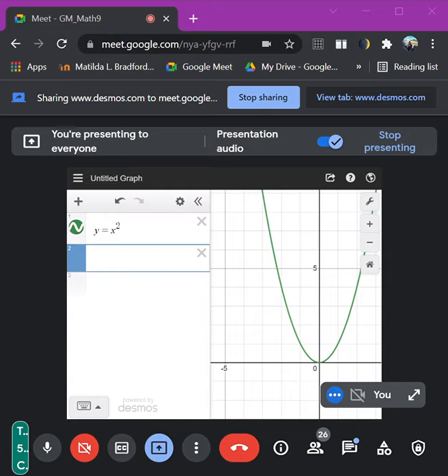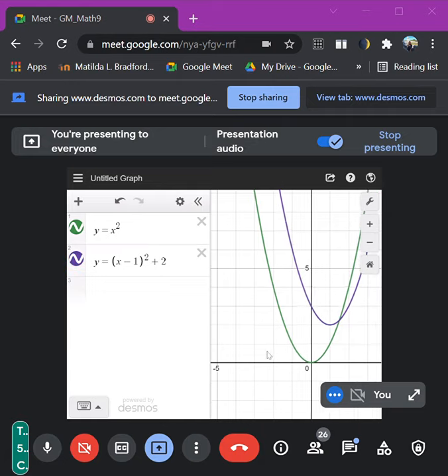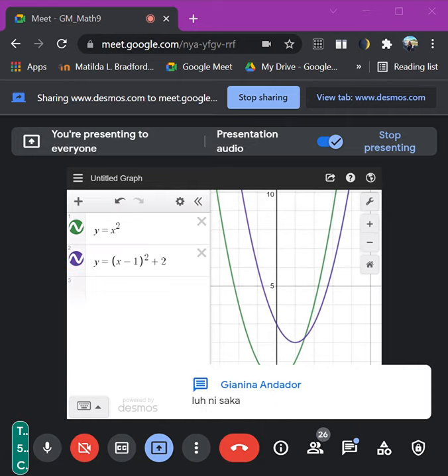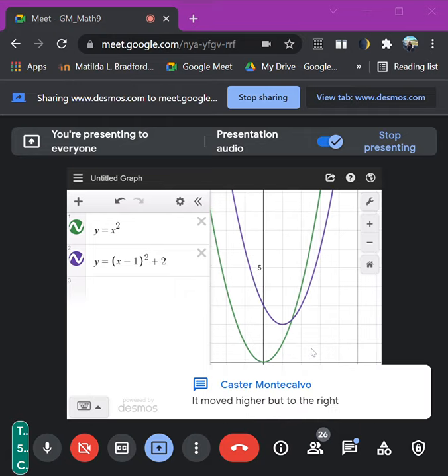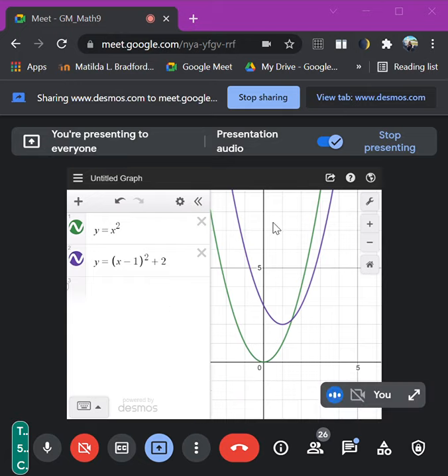The first given is y is equal to the quantity x minus 1 squared plus 2. So what can you see in the graph, class? It moved higher but to the right. The h is 1, so it moved 1 to the right.